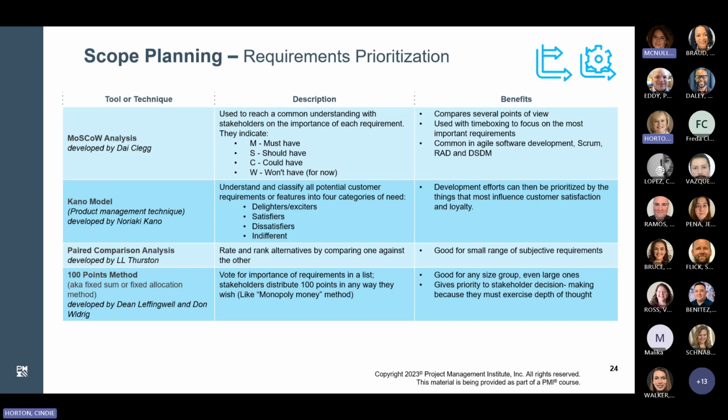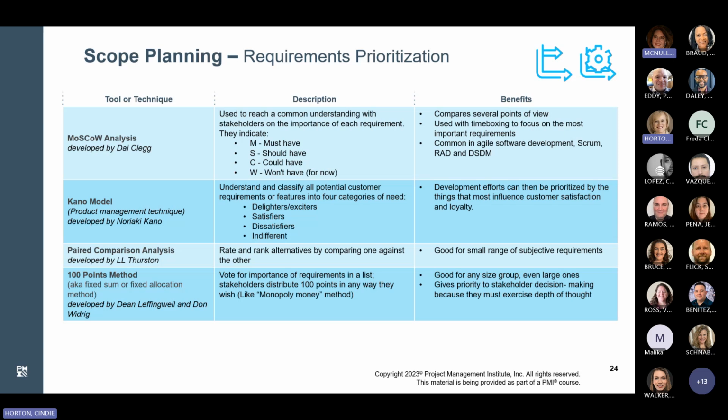These requirements would be classified as to whether they would produce delighters and exciters, satisfiers, dissatisfiers, or indifference or passives. And so the happier the customer is because of the requirement, the higher the priority of the requirement. A key benefit of this prioritization approach is that it focuses on delivering customer satisfaction and loyalty.